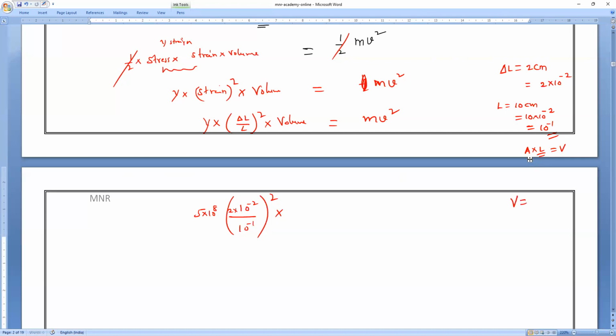So what is the volume equal to? Area is 1 millimeter square, into length, which is the original length, 10 centimeter.